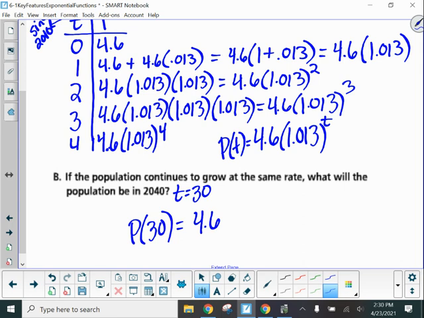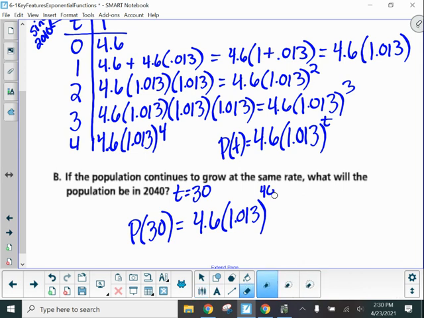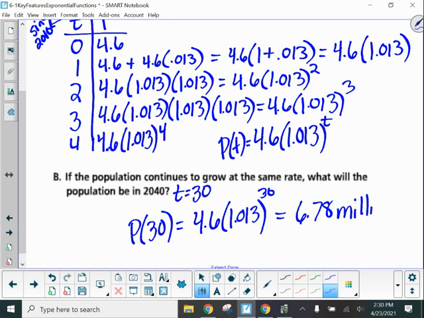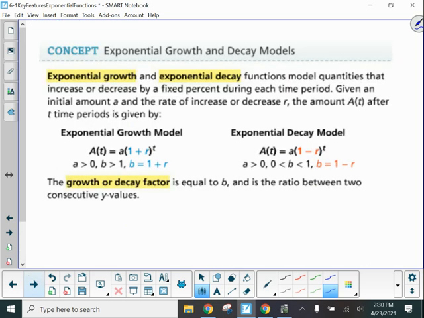That's going to be 4.6 times 1.013 to the 30th power, and that's going to equal about 6.78 million. So if this city continues to grow at the exponential growth that they assume, we can expect it to have a population of 6.8 million in the year 2040.